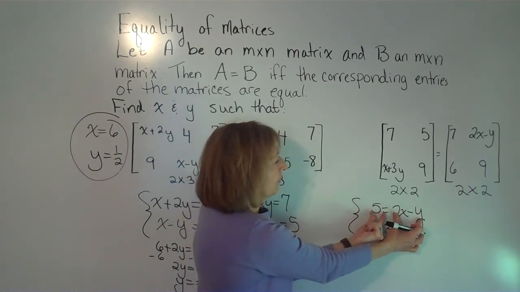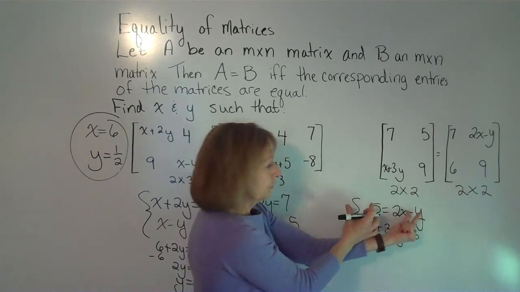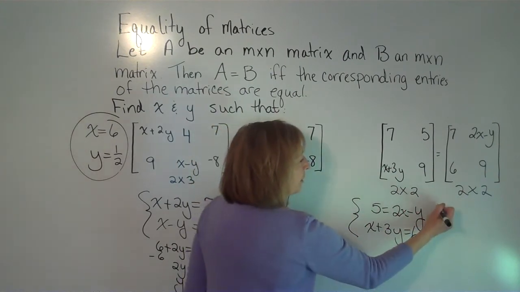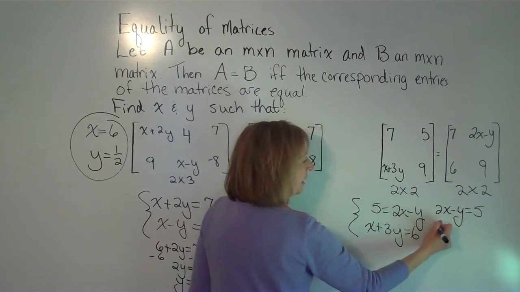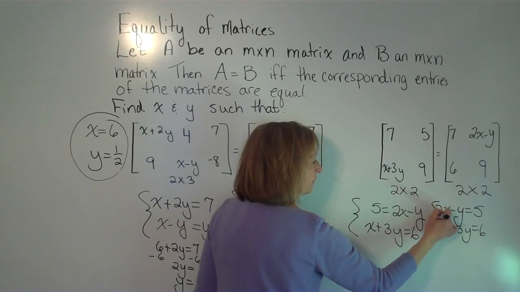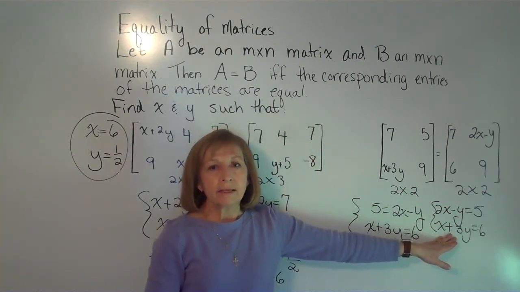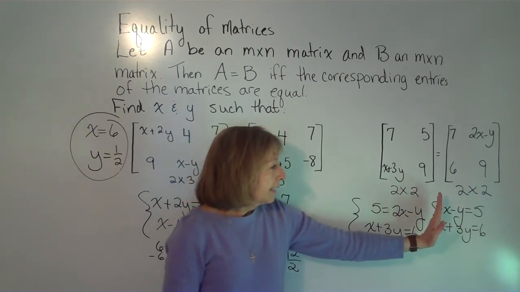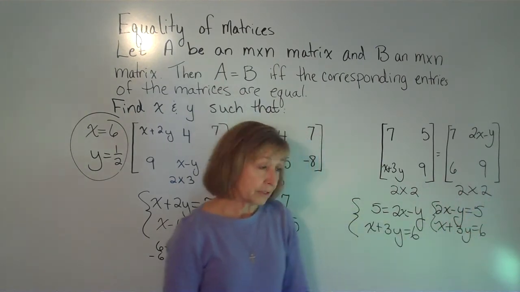Looking at this, I'm going to rewrite the first equation where I just pick up the sides and switch them and put them back down. And when I do that, we have 2x minus y equals 5, and x plus 3y is equal to 6. Now again, I can solve this either by graphing, by substitution, or by elimination by addition. When I look at it, the x's are nicely lined up, the y's and the equal signs and the numbers.